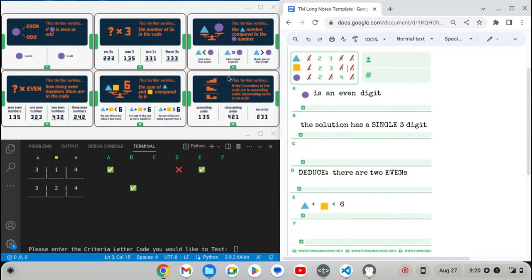Let's go ahead and see if, well, let's see. If I test the ordering criteria card EF, I'm really leaning towards that there is no order. So how many possibilities are there for that? It would be 3, 2, 4.